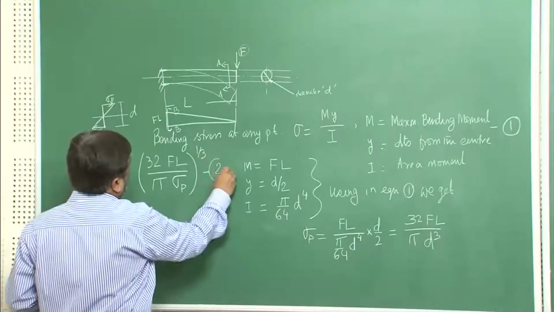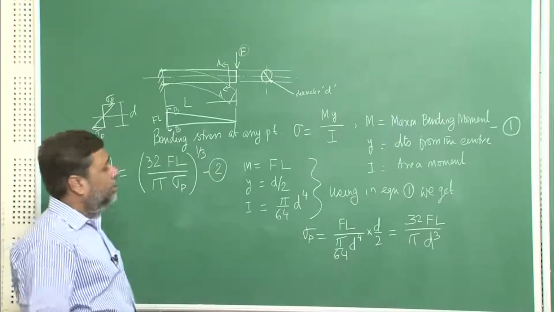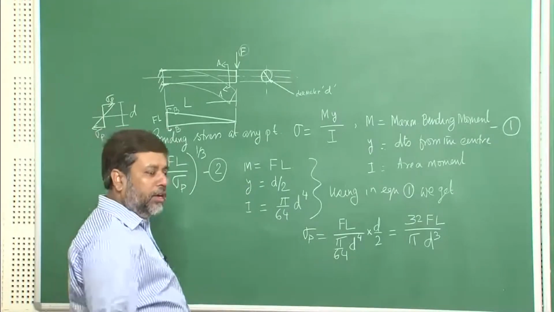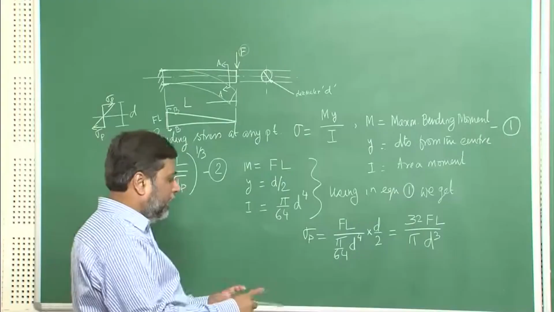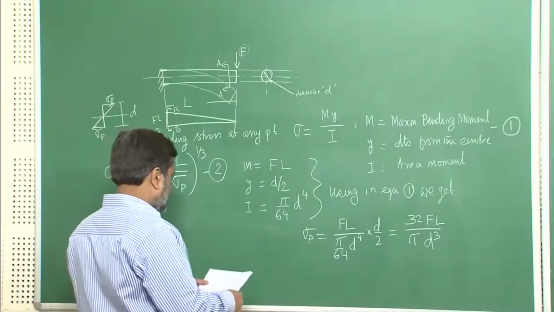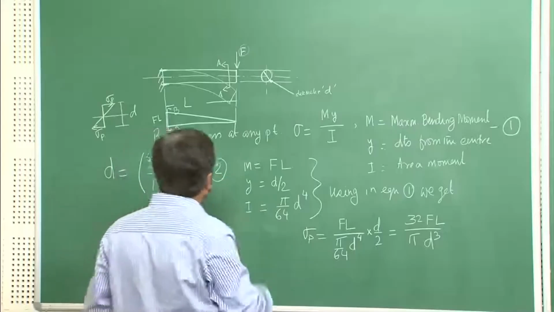That is my equation 2, right. So, I get the maximum stress, and I can express the free variable d with respect to this maximum stress that will be coming to the system.